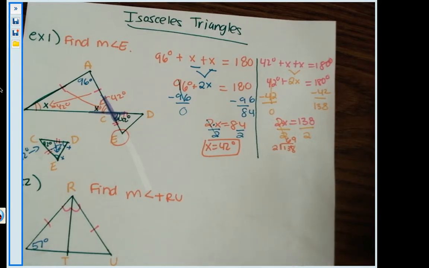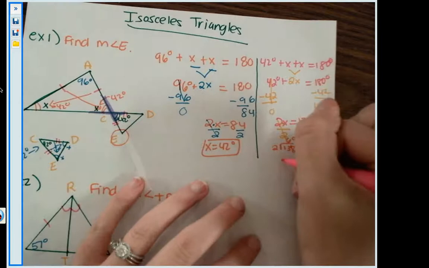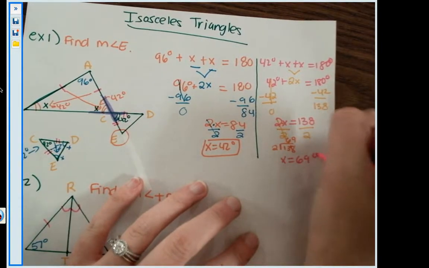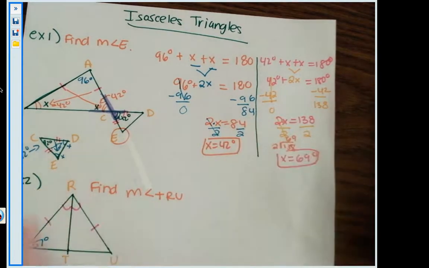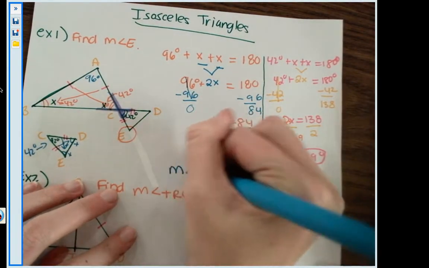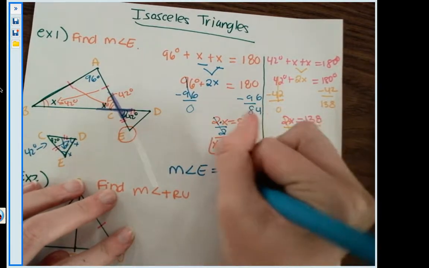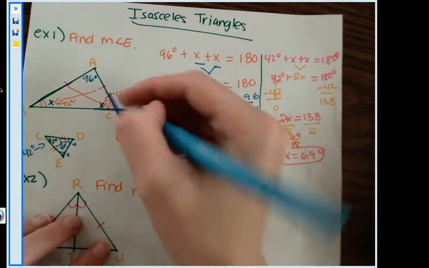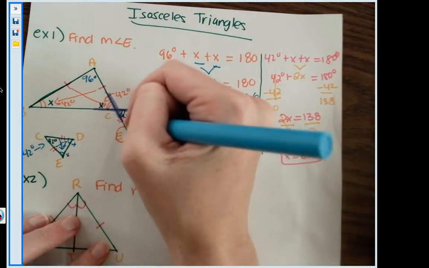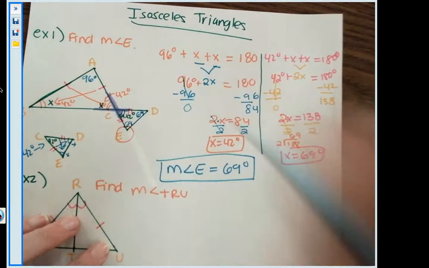So my answer for X is 69 degrees. Yay! So that would be my measure of angle E. So the final thing, the measure of angle E equals 69 degrees. Yeah, we worked our way to angle E. So this is 69, and that's 69.